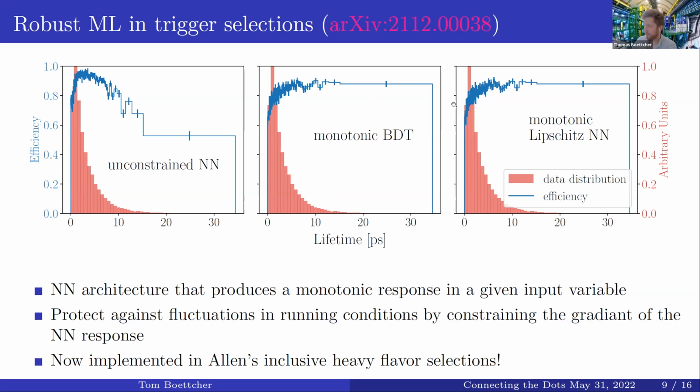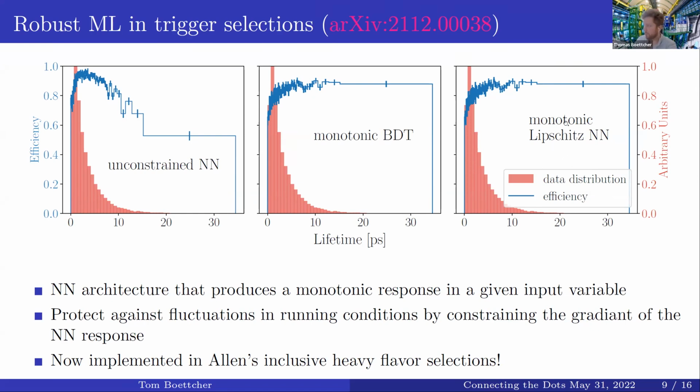In addition to that, we want to run these in real time under real data taking conditions. The data taking conditions might be unstable and they might fluctuate. So we can further constrain the maximum gradient of this response function. This is what is called the monotonic Lipschitz neural network, and this is what's shown on the right. Neural networks are very fast to evaluate. These small neural networks that we're using are very fast to evaluate.